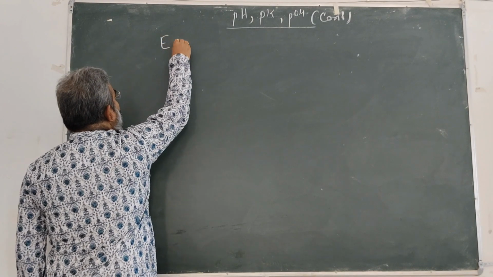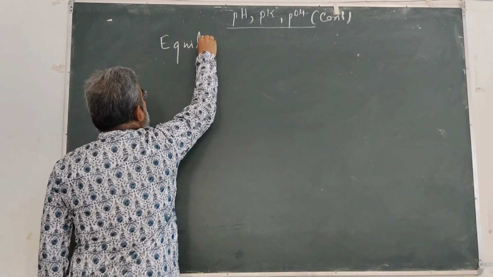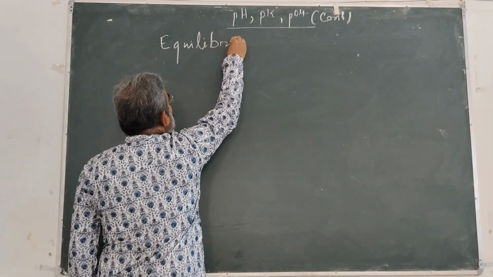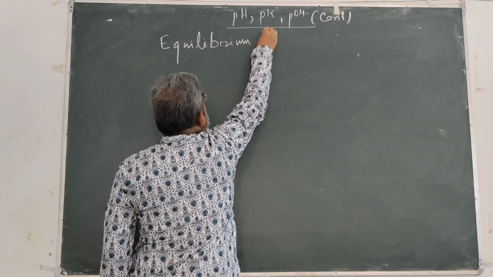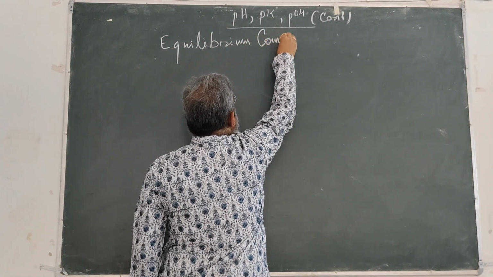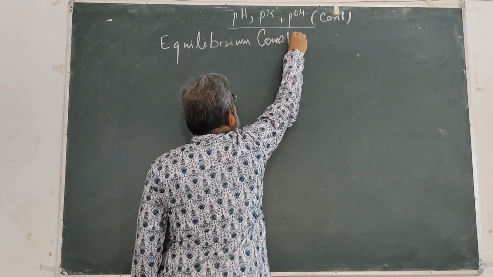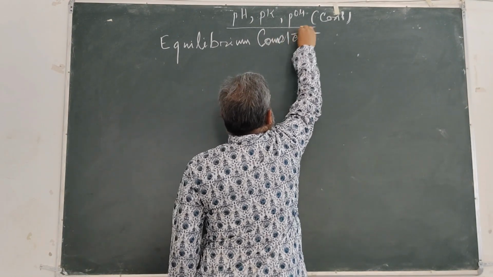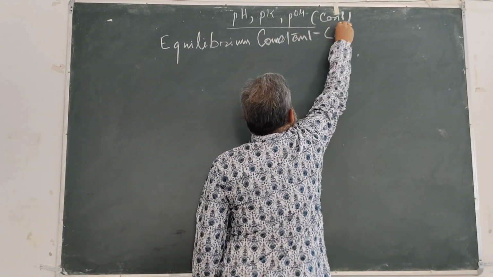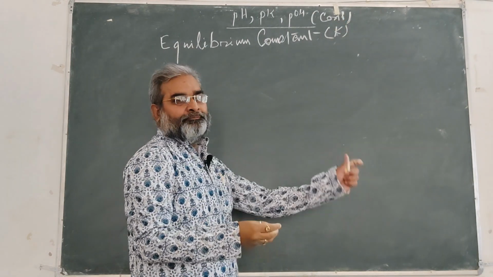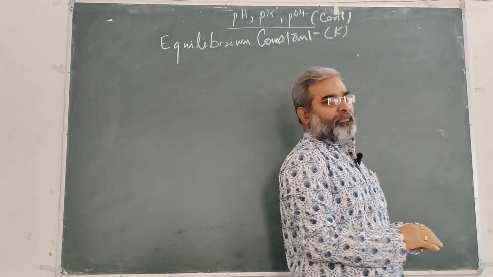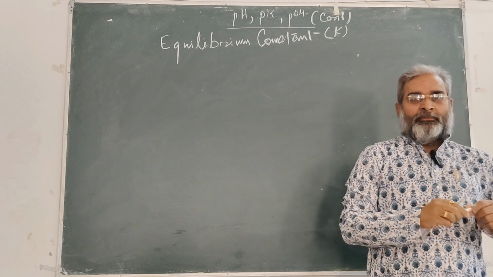Equilibrium constant. Equilibrium constant, that is represented by K.